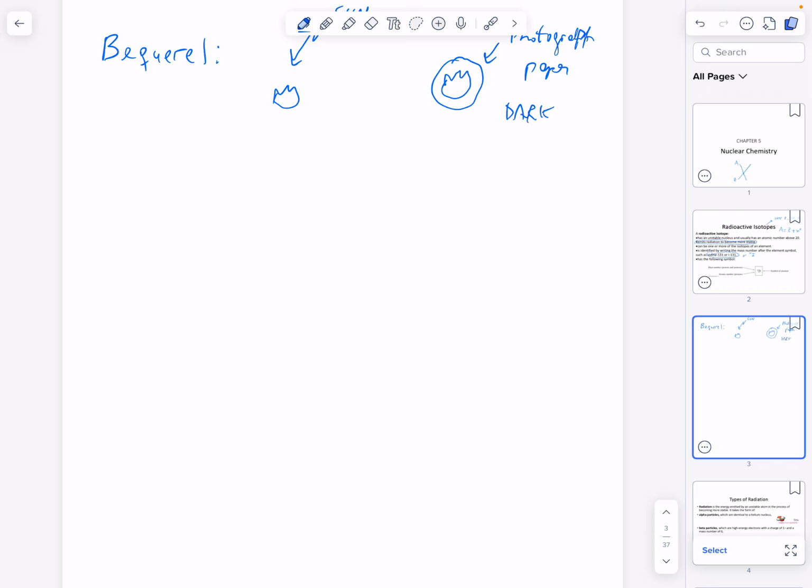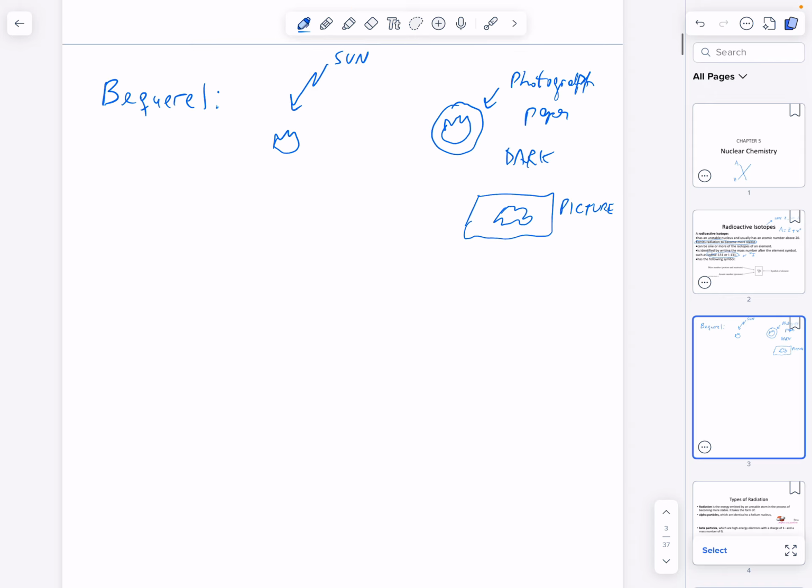So the rock took its own selfie. And if the rock takes the picture, it means that rock was fluorescent. But if nothing appears, it means that rock is not fluorescent. That was what he commonly studied.